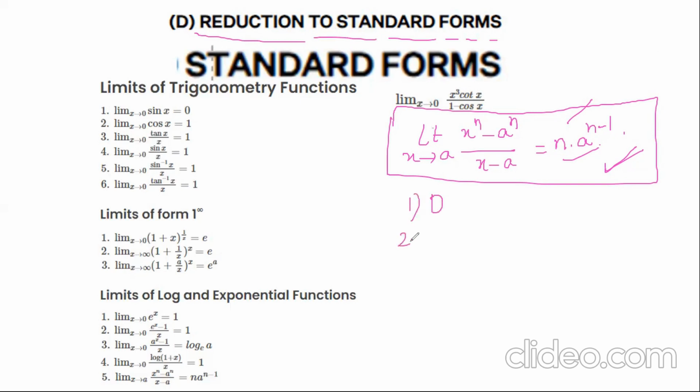The third one is the rationalization method. Factorization and rationalization are combined only, but we can classify them. The other one is reduction to standard forms. Got it? By using standard forms, we are going to calculate.